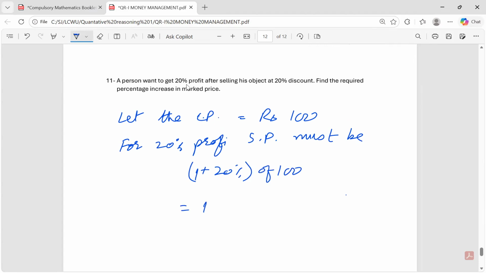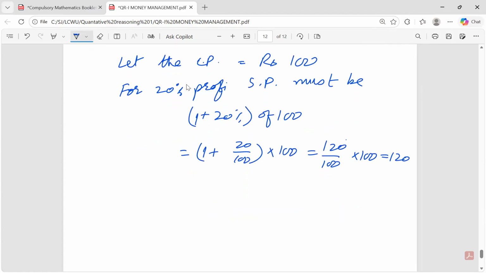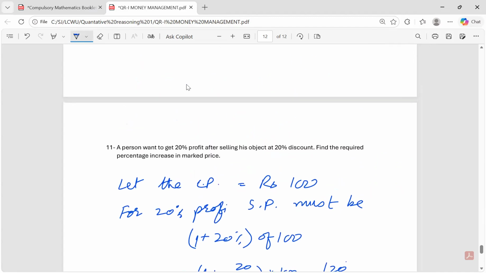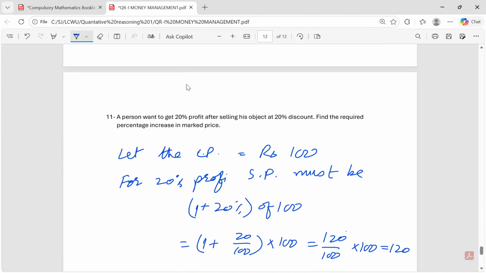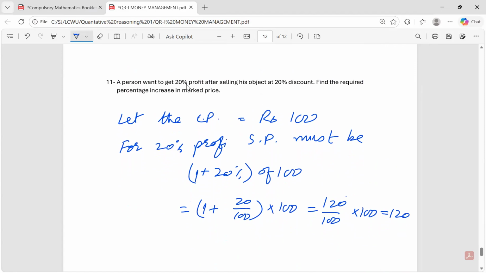That is 1 plus 20 by 100 of 100, equal to 120 by 100 of 100, which is equal to 120 rupees. So your sale price must be 120 rupees. Now we need to find the percentage increase in the mark price to get this, so that your product is sold at 20% discount.